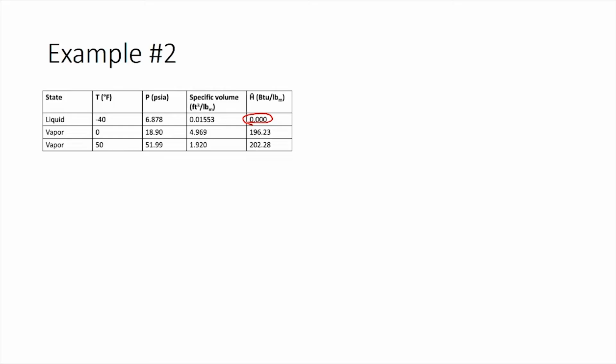This implies that the specific enthalpy value entered here is relative to the reference state, and that value is 0, implying this would be the reference state. So, therefore, the reference state for this problem would be liquid at minus 40 degrees Fahrenheit and 6.878 psia. So, this answers the first part of the problem.